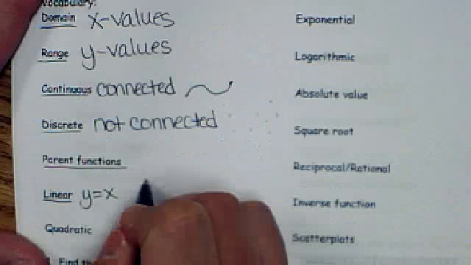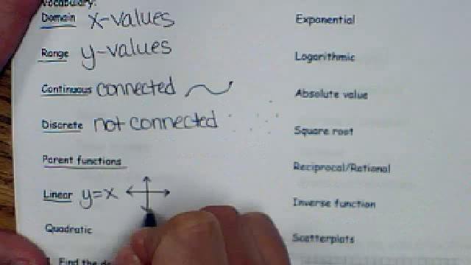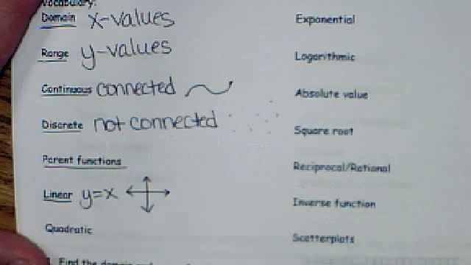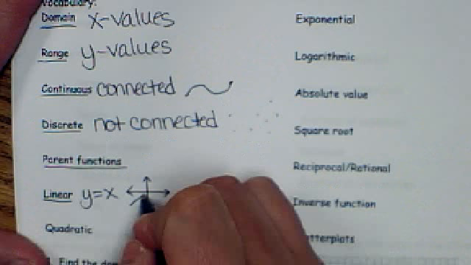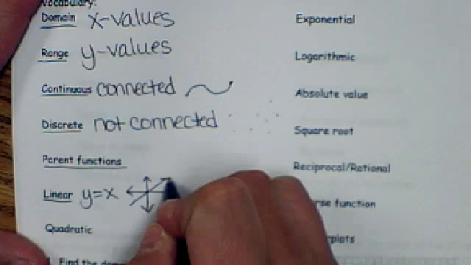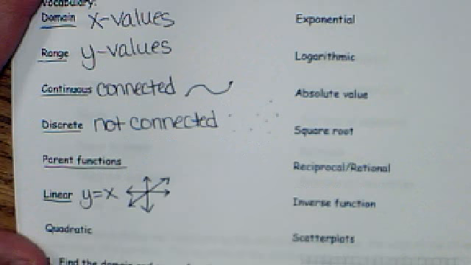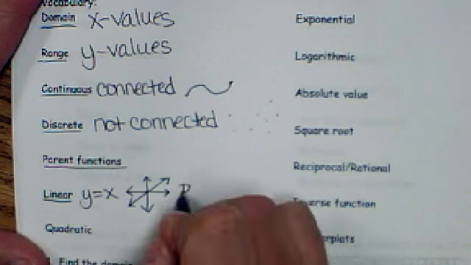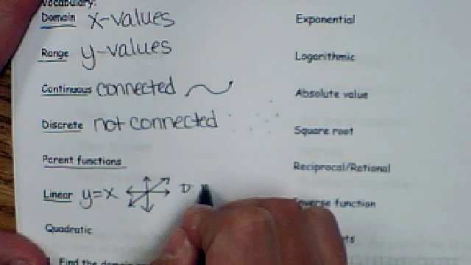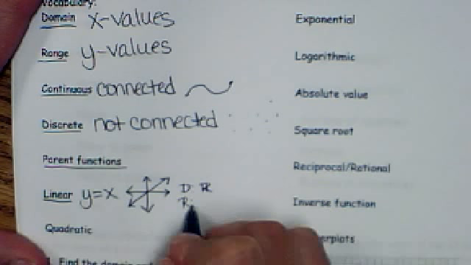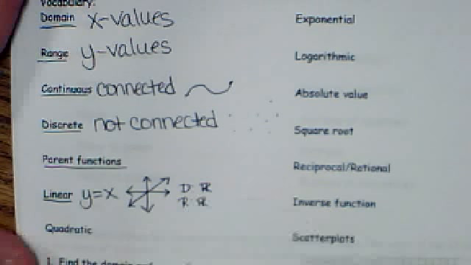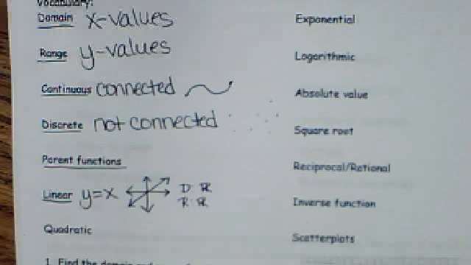And if we sketch a graph of y equals x, linear means that it's a straight line. So y equals x is a straight line through the origin, through 0, 0. The domain of this is all real numbers. The range is all real numbers as well, because there is no restriction to what the domain or the range could be.